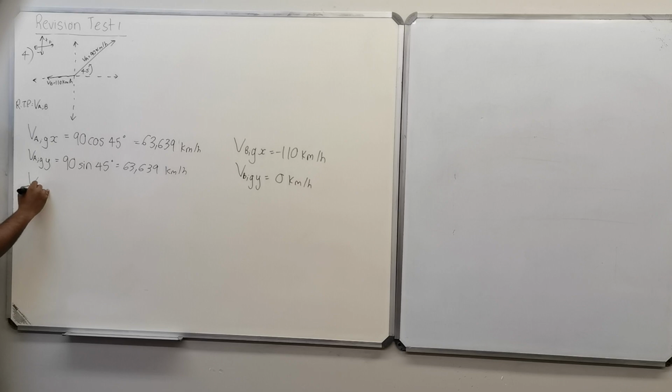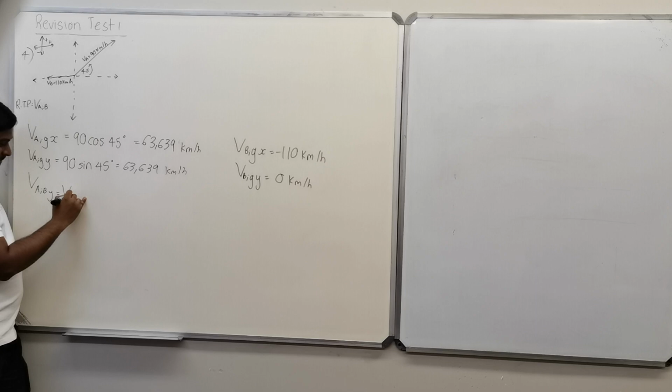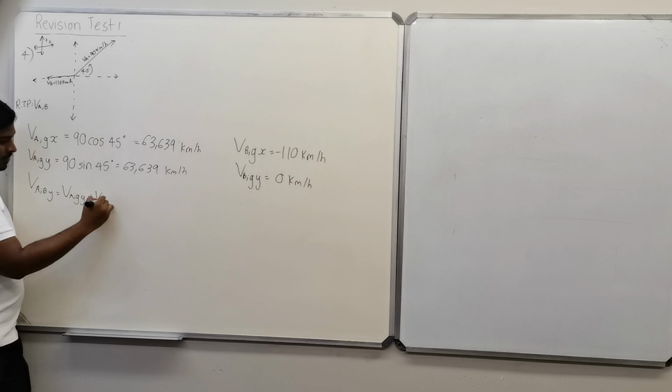Right, so velocity of A relative to B on your y-axis is equal to velocity of A relative to the ground on the y-axis plus the velocity of the ground relative to B on the y-axis.